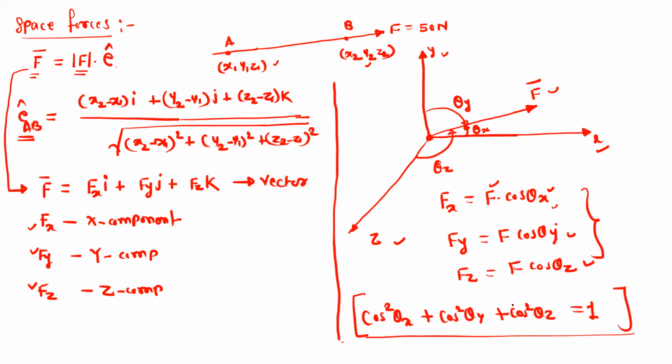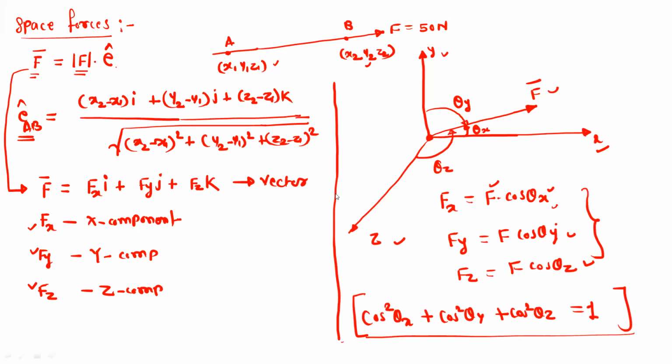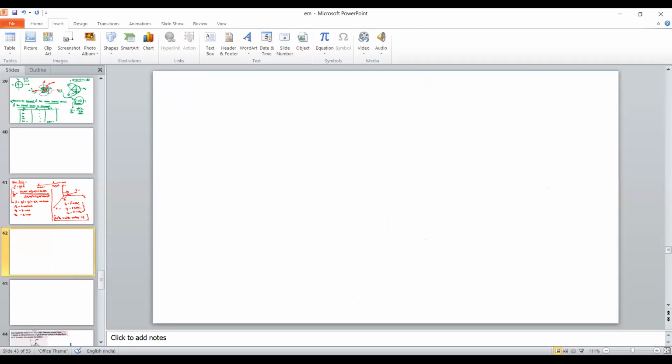So this is about the representation of the force in three dimensions. Then we have seen how we can get the value of the resultant. The resultant we can calculate just by the vector addition of all the forces.